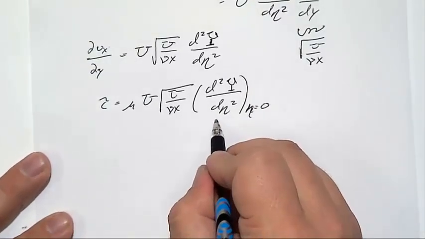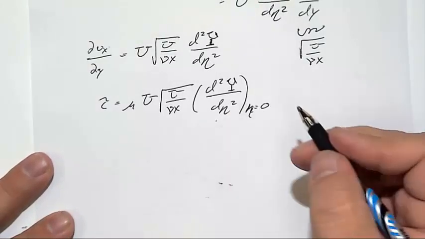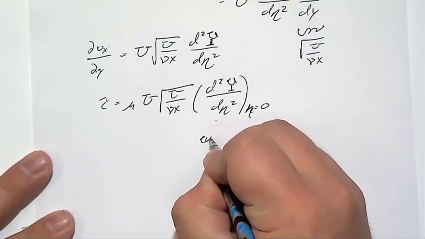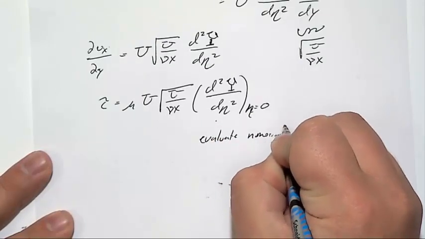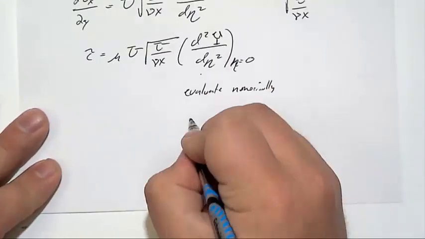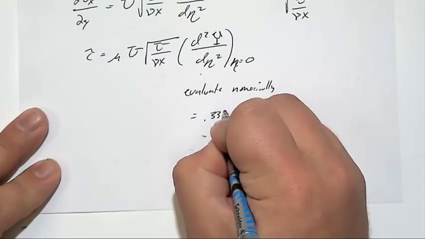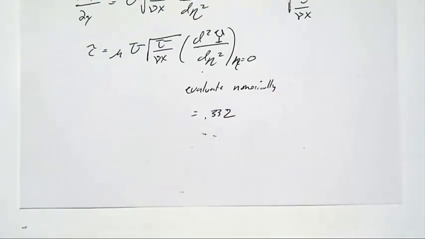Right. So once again, this is only going to be solvable by evaluating our numerical solution. And when I evaluate this numerically, it is equal to 0.33.